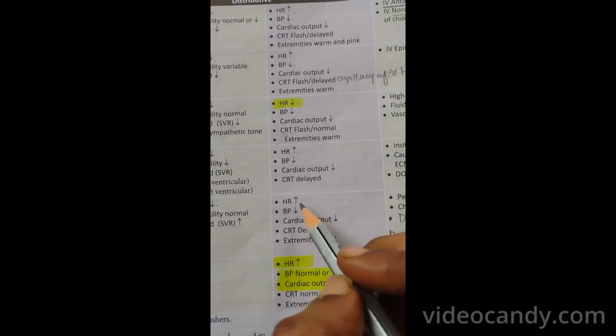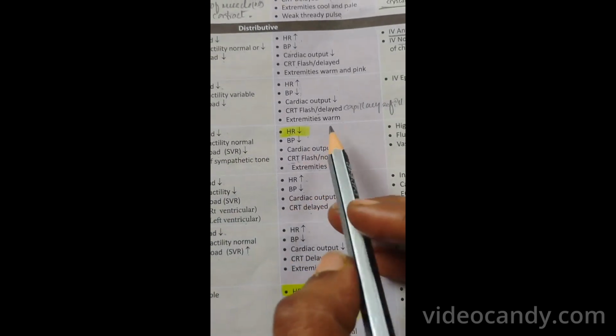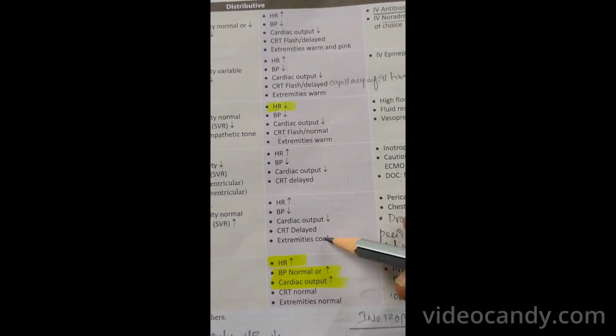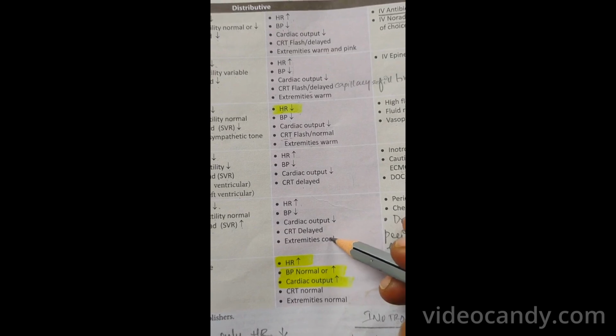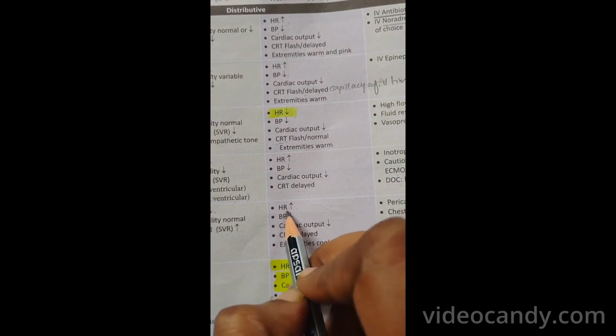Here also we can see the same symptoms. Except neurogenic shock, which shows decreased heart rate, all the remaining types of shock have increased heart rate.